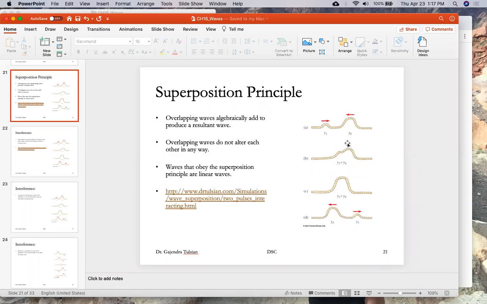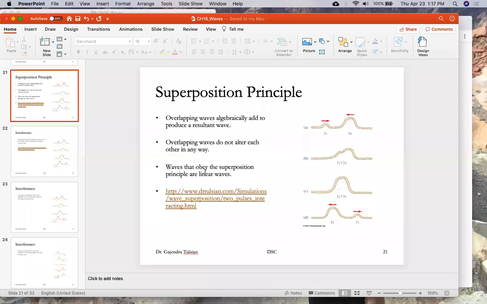You can have 1,000,000 waves and combine them at this given location. And once they pass each other, they do not distort each other. So that's the superposition principle: overlapping waves do not alter each other. Waves that obey the superposition principle are linear waves.